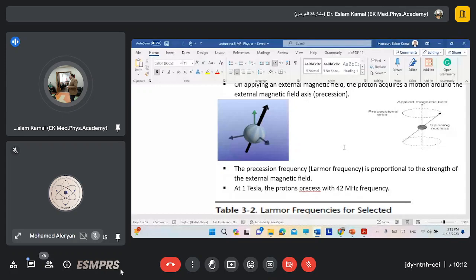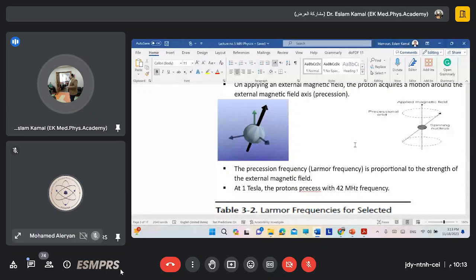This precession motion depends on the external magnetic field strength. That means if you are positioning the patient under a 1.5 Tesla machine or a 0.5 Tesla machine, and you put the patient in a higher magnetic field, the precession frequency will be higher.